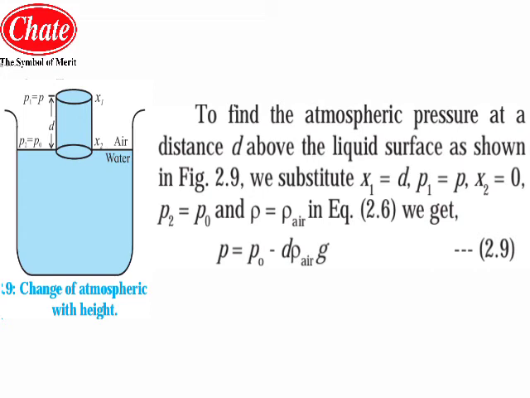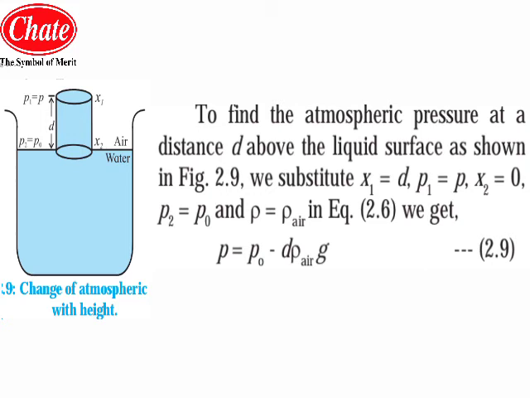The x2, which is the bottom level of that imaginary surface, is equal to 0, and p2, the pressure at the bottom level of that imaginary surface or at the surface of the water, is P0, and rho will be rho air, the density of the air. So from these considerations we can derive the equation by putting all these values into the above equation.